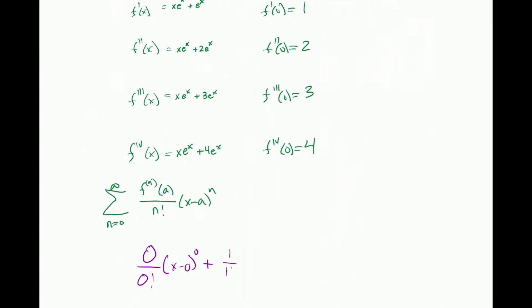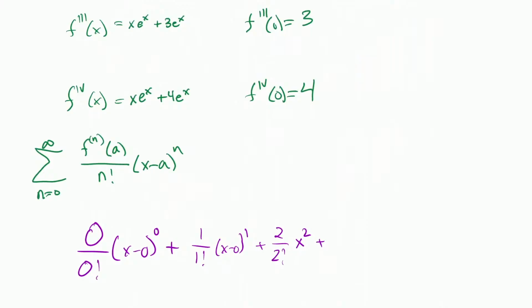So 1 over 1 factorial, x minus 0 to the first. I'm not going to write minus 0 anymore because we know it's just going to be x. And then this is going to be 2 over 2 factorial times x squared. And then 3 over 3 factorial, x cubed, 4 over 4 factorial, x to the 4th.